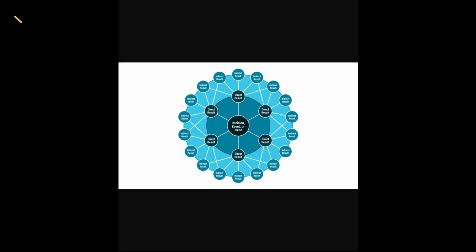So what are the direct results, the first order effects? What are the indirect results, the second or tertiary order effects? And in really good foresight work, you go all the way to the fringes.